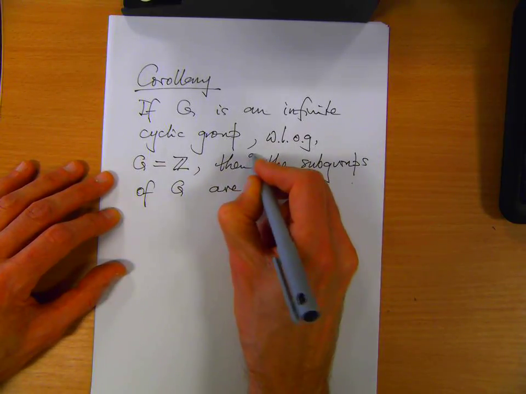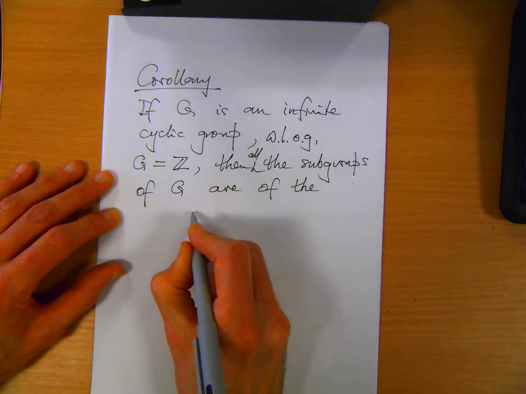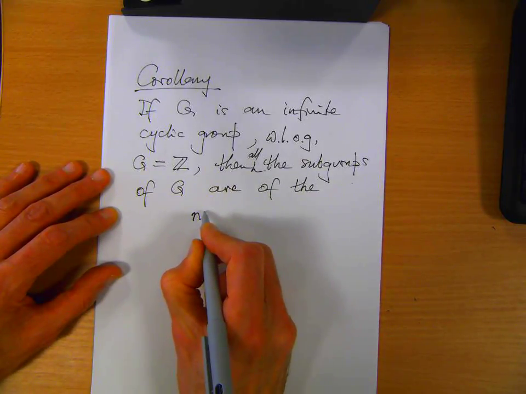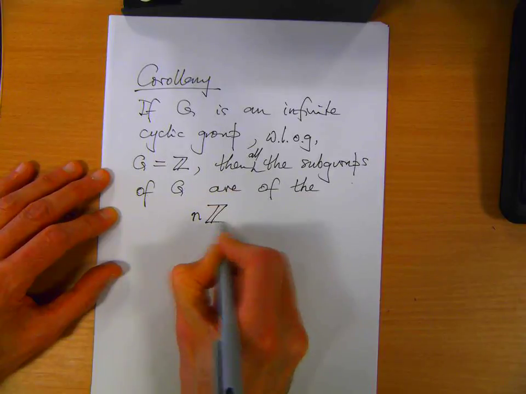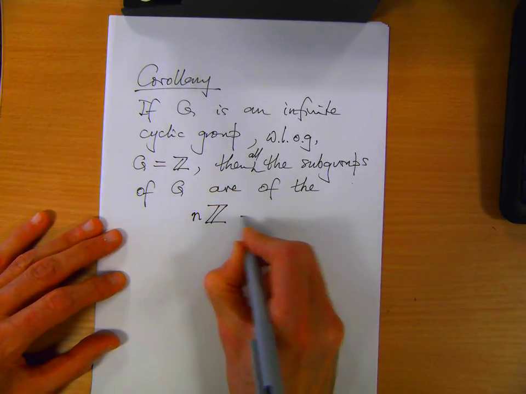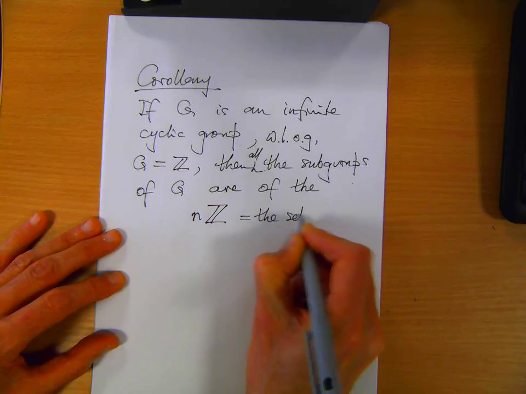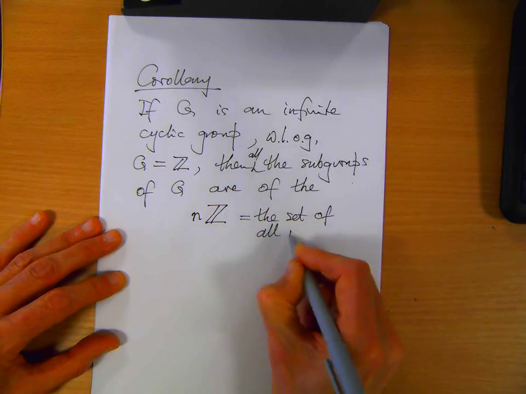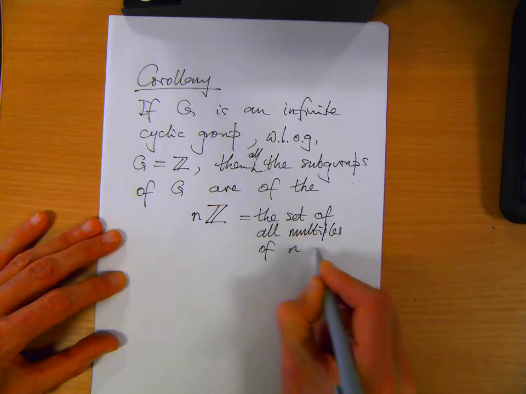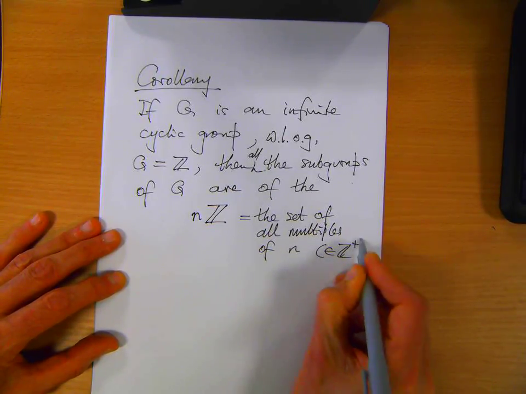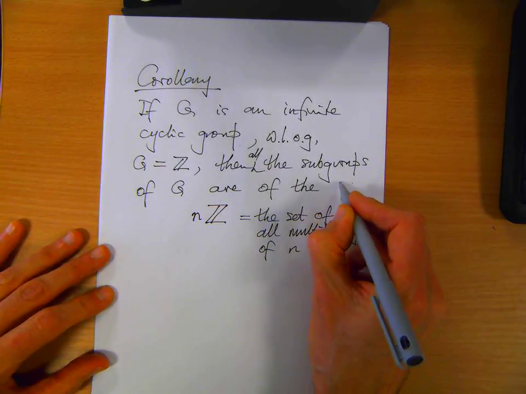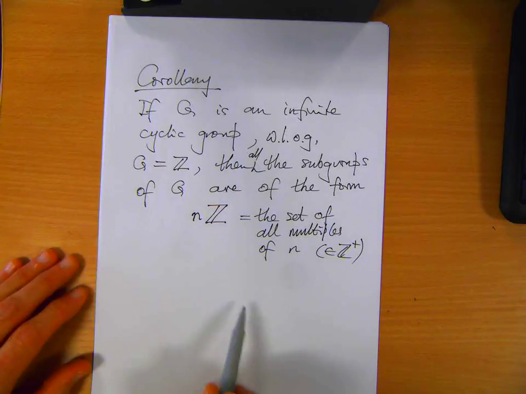So all the subgroups. Well, we already discussed that if we take multiples of a particular n, so this is just the set of all multiples of n, say a positive integer, so of the form nZ.